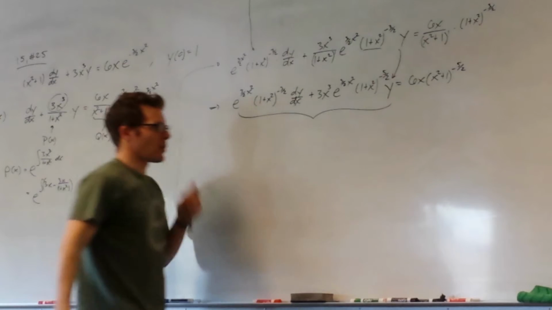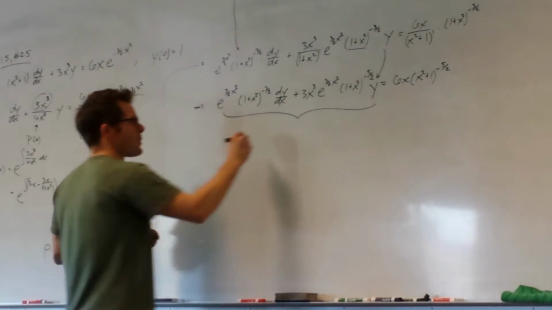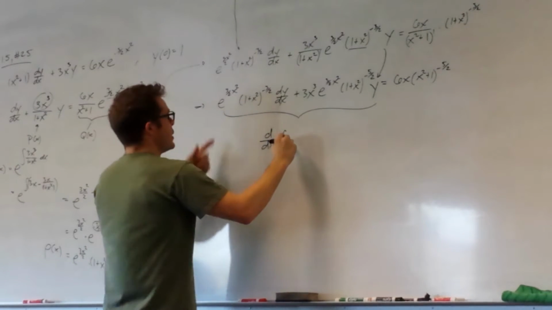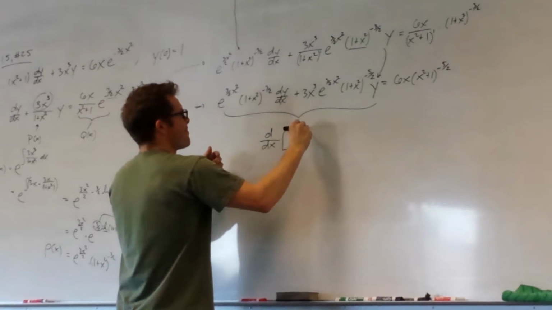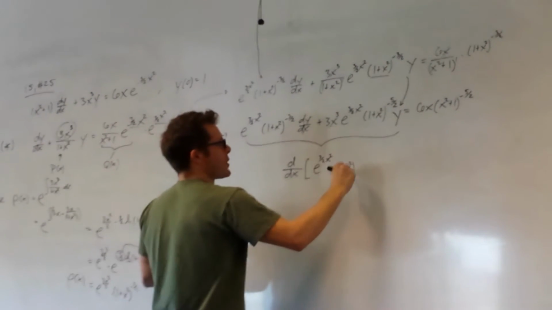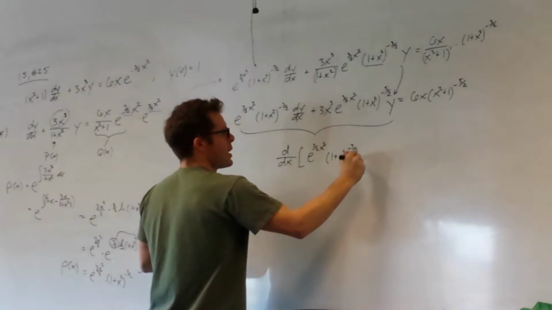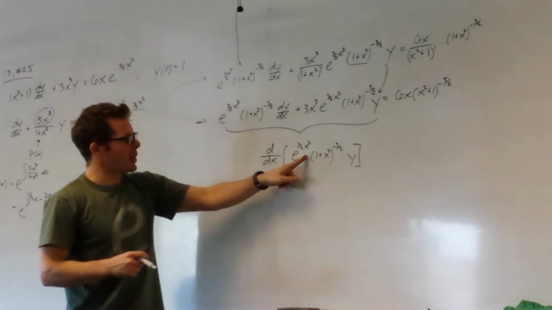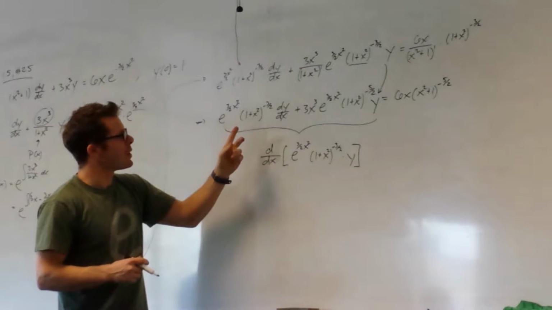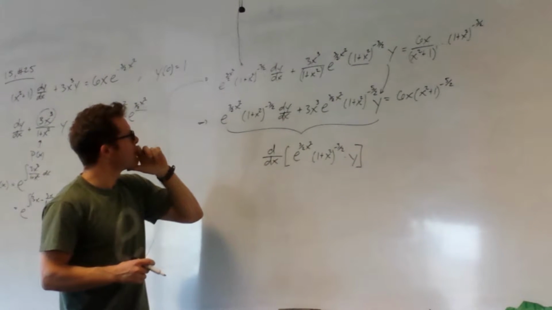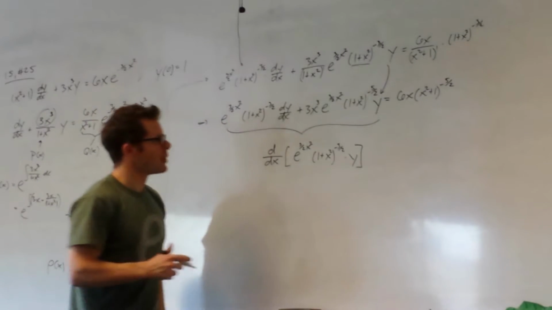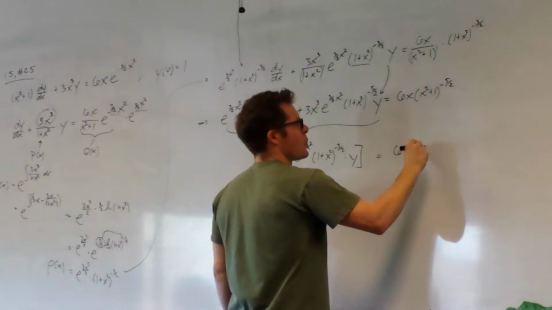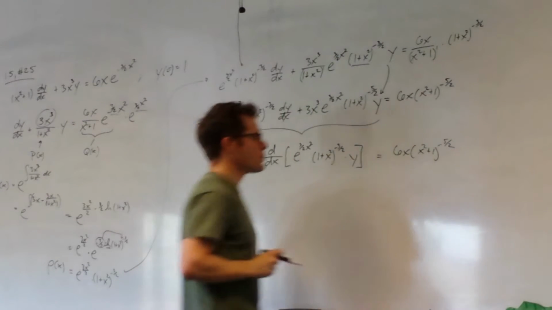If you took 20 minutes to check this, this is the derivative with respect to x of e to the 3 halves x squared, 1 plus x squared to the negative 3 halves, y. Product rule on this part, you'll see that. Anyway, I'm hoping that's true. That's what we want. And this is just 6x, x squared plus 1 to the negative 5 halves.